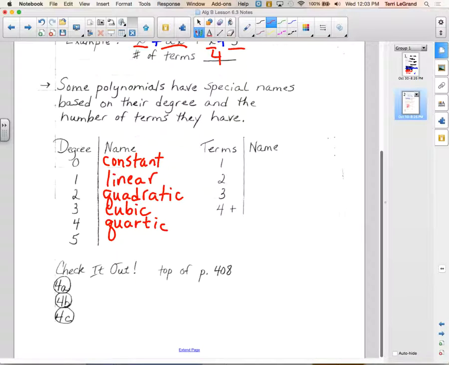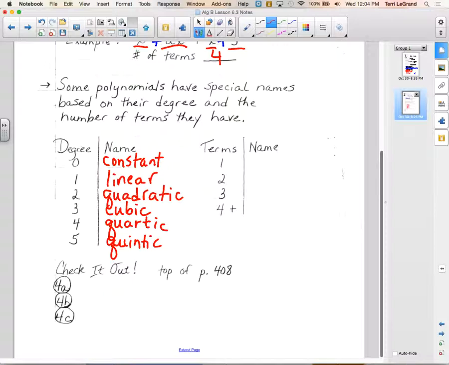If it's degree 4, there's 4 quarts in a gallon. Think of it that way, quartic. And degree 5, Cameron, what's a degree 5? Quintic. Yeah, its special name is quintic. So those are the special names. Anything past that doesn't have a special name. Degree 6, degree 7, degree 8, we just say degree 6, degree 7, degree 8.